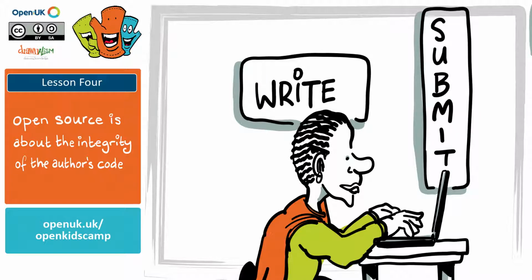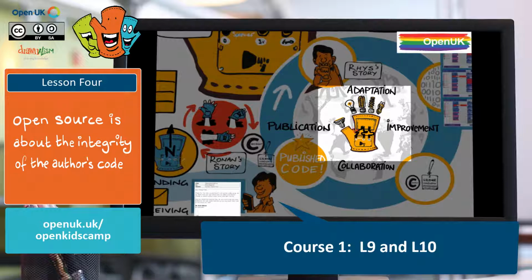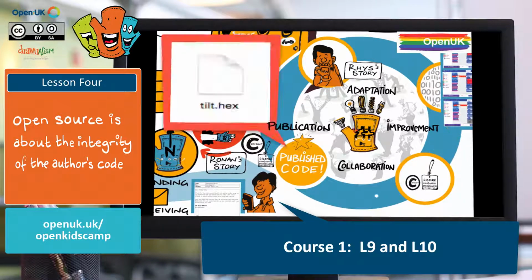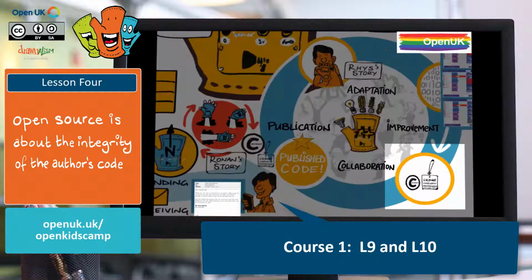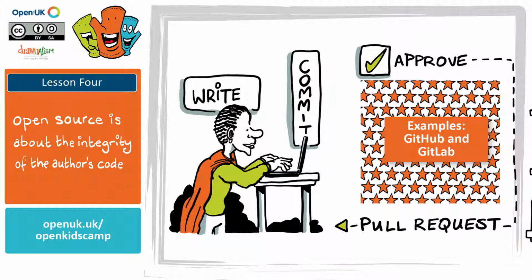In the last course, Ronan and Rhys collaborated on code in lessons 9 and 10, and Rhys modified Ronan's code. They shared the modification at school, but software developers share their code and modifications in repositories. In open source, we use public repositories like GitHub and GitLab to manage code and people's contributions.